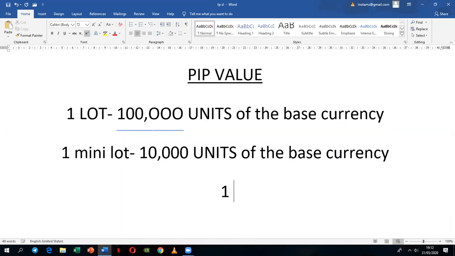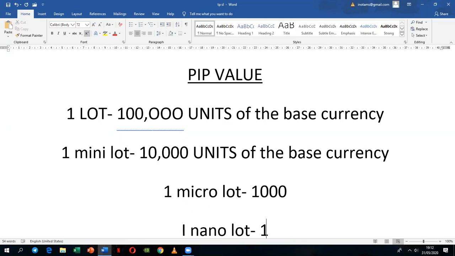What next do we have? One micro lot, and this represents 1,000. And the last one is one nano lot, which represents 100 units of the base currency.